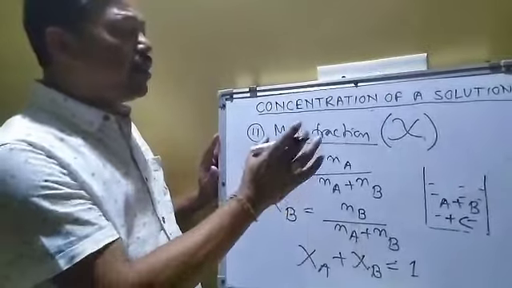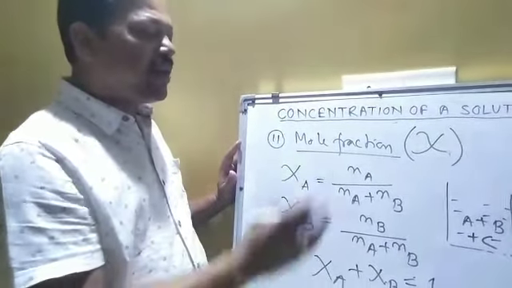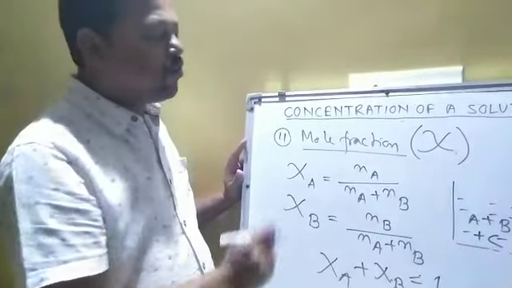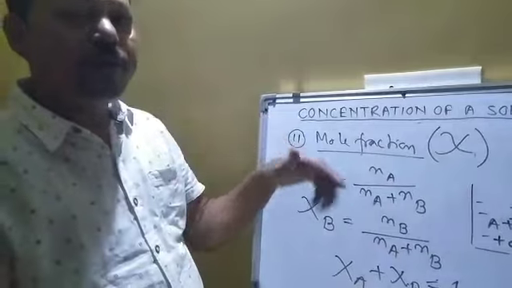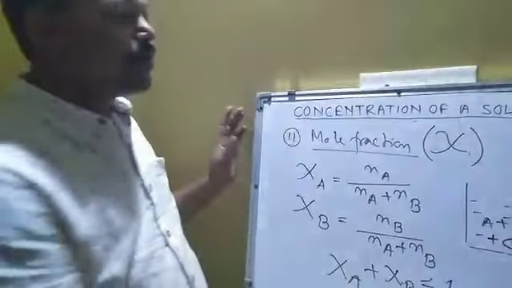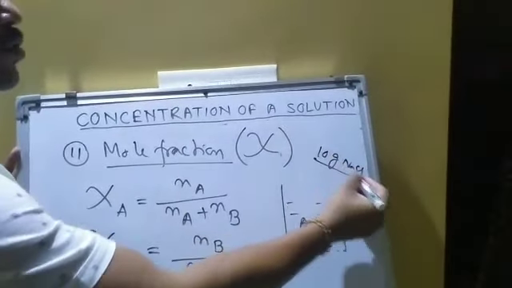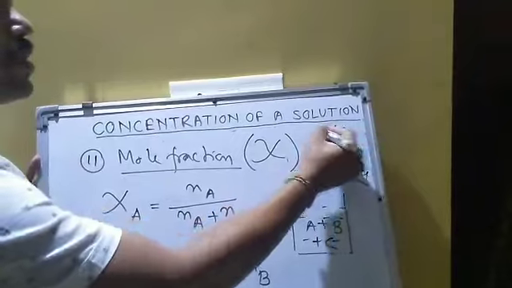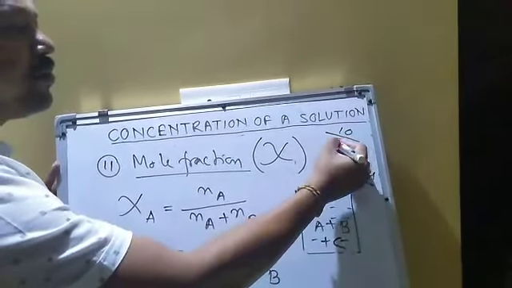By using the mole fraction, you can express the concentration of a solution, and this is the formula to determine the mole fraction. You know number of moles. To determine number of moles, n, how to determine? The given mass divided by molar mass. Suppose 10 gram of NaCl. How to determine number of moles? 10 gram divided by molar mass, 23 plus 35.5, that is 58.5.